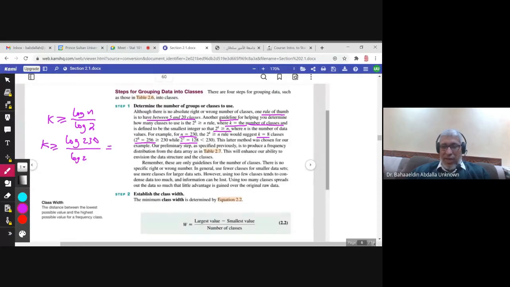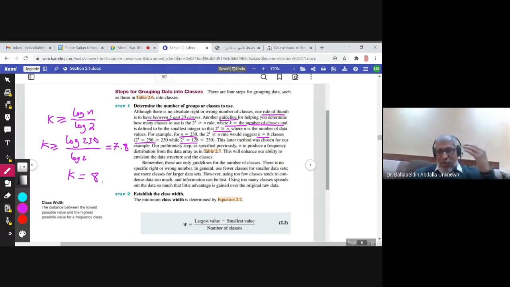If you use the calculator to find log 230 over log 2, the answer is 7.8. So now you round your answer up. You choose k to be 8 because you need it to be greater than or equal. Of course, k is the number of classes, so it has to be an integer. We cannot choose 7 point something classes. We have to choose 7 or 8 or 9 classes. So the number of classes would be 8.